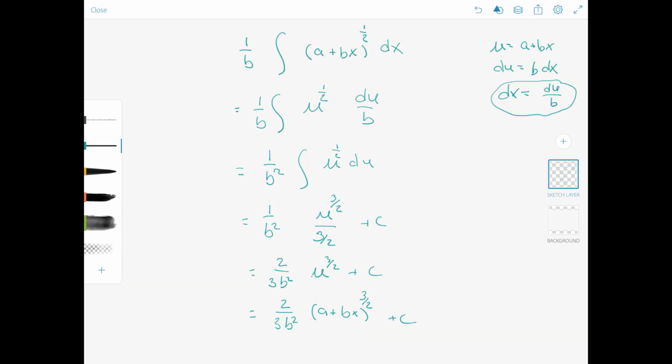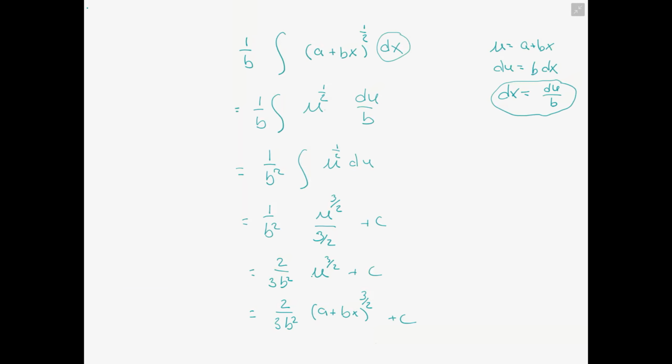And you have to pay attention to these very, very carefully because here I might have thought that I met my criteria with that. But what I have instead is dx equals du over b. We add 1 over b here, so du over b is dx, and that gives us a b squared out there.